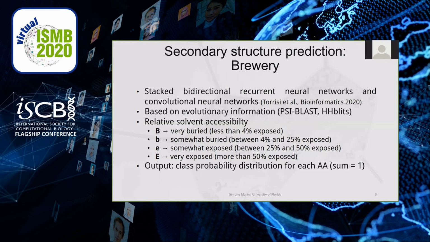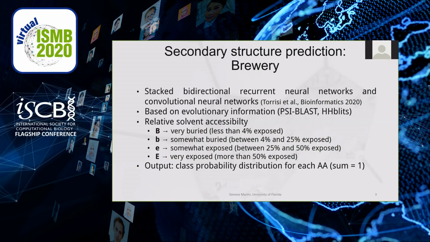The assumption is that if a variant is providing resistance, probably this variant will have an exposed amino acid, because in order to give the resistance, there needs to be an interaction with the environment.